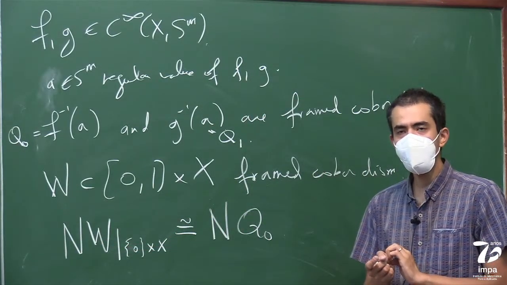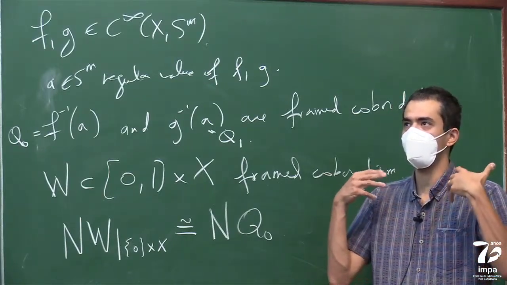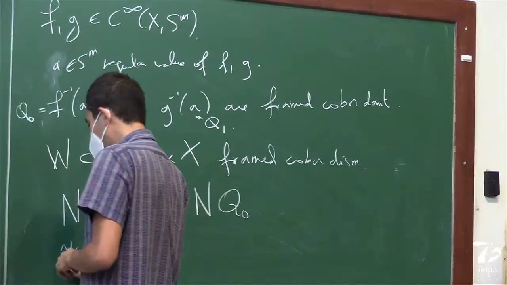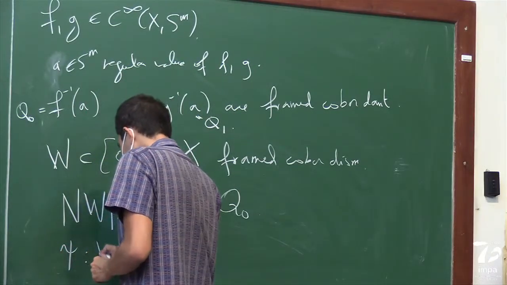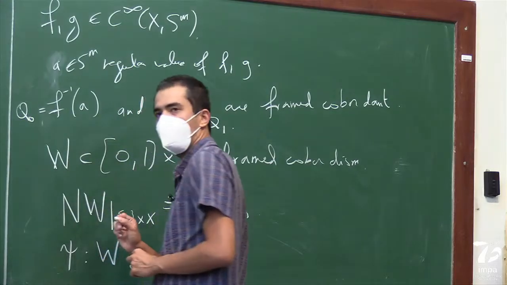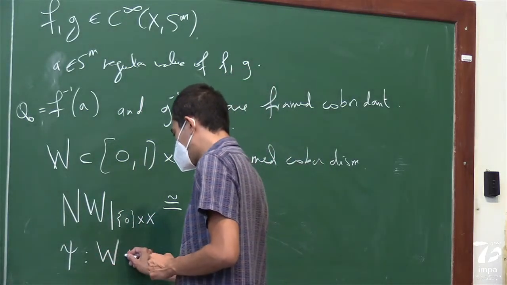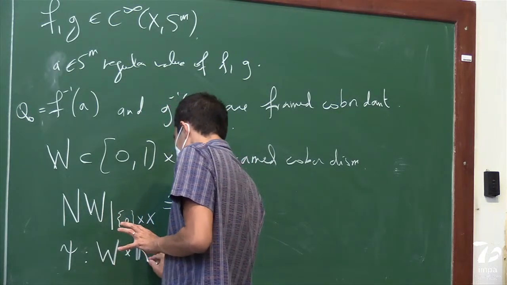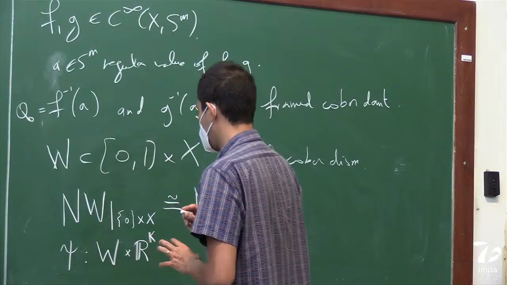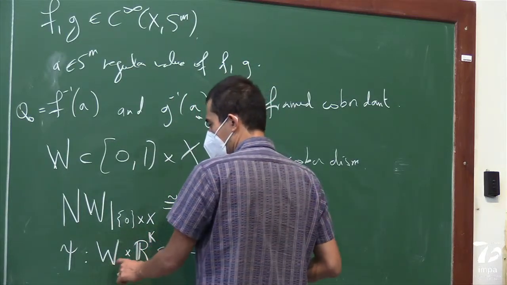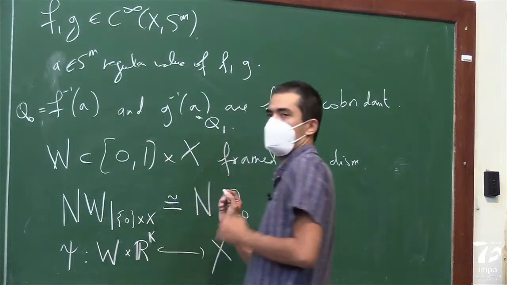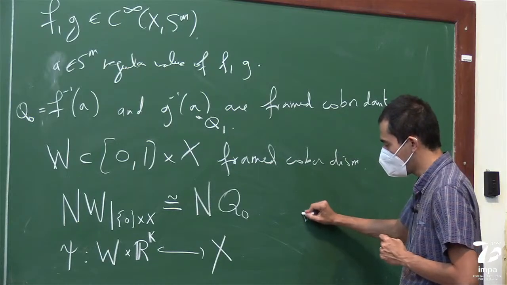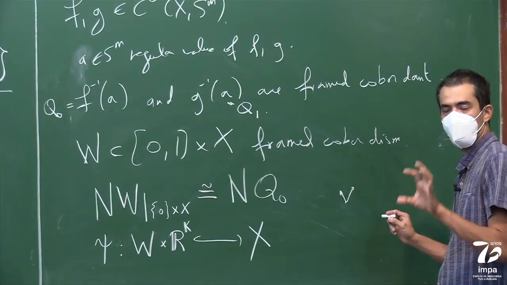Okay? And then I used the idea from Riemannian geometry of exponentiating. I said, when we have a framing of the normal bundle, then I can use that framing to exponentiate. So I can define an embedding from W times R^k into my manifold X. The idea is that when I have a framing, I basically have a specific basis at every point.